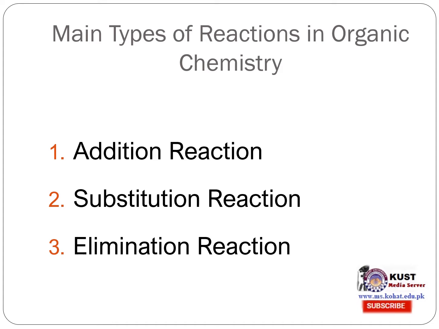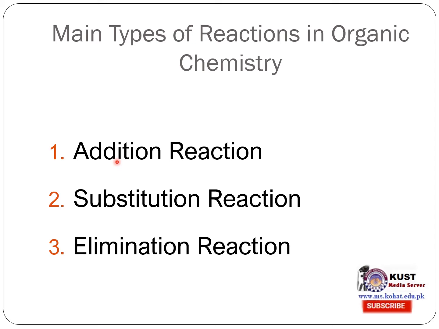In addition reaction, a group of atoms are added to an unsaturated compound, and as a result we get a saturated compound. That group of molecule, or that molecule, may be hydrogen, that may be water, that may be hydrogen and halide, or that may be the halogens.